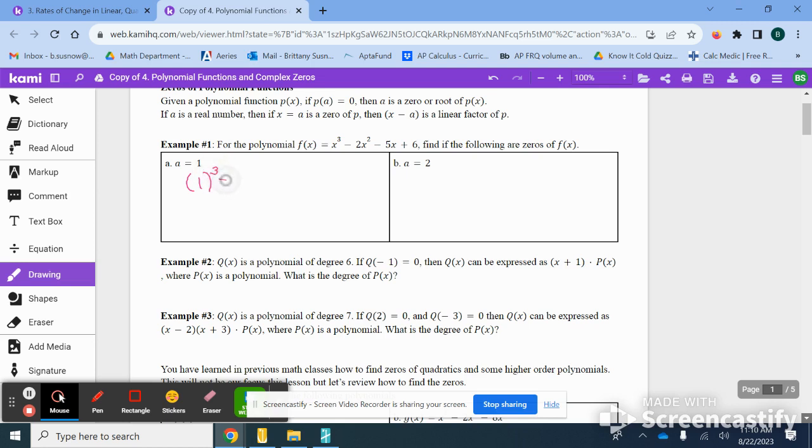1 cubed minus 2 times 1 squared minus 5 times 1 plus 6. 1 minus 2 minus 5 plus 6. Negative 6 plus 6, I get 0. 1 minus 2 is negative 1, minus 5 is negative 6, plus 6 got me 0.